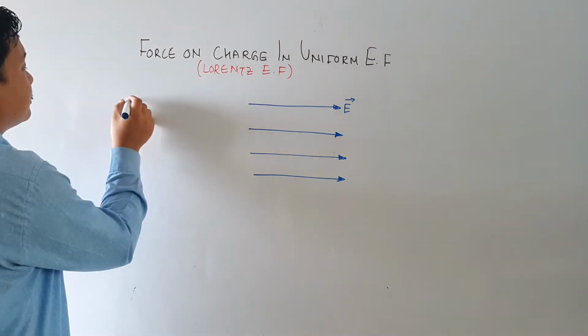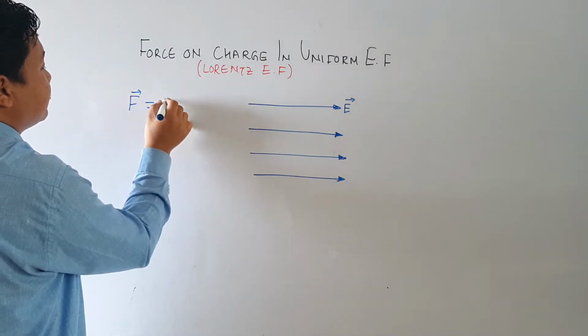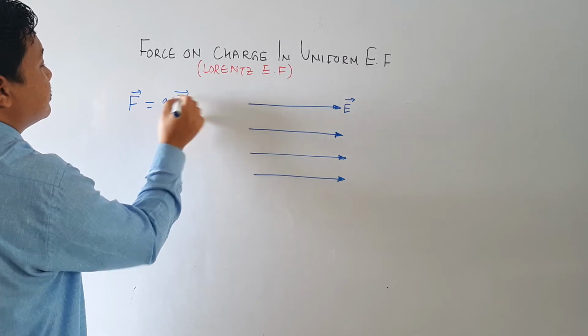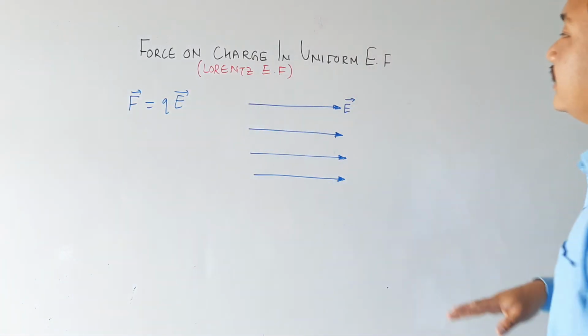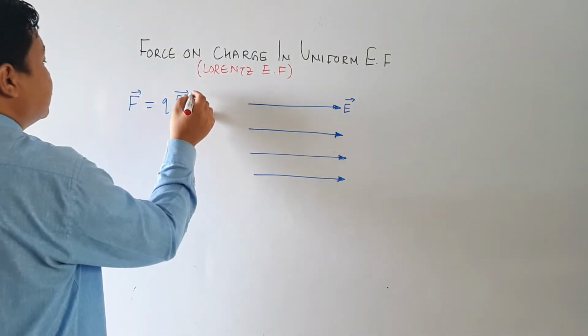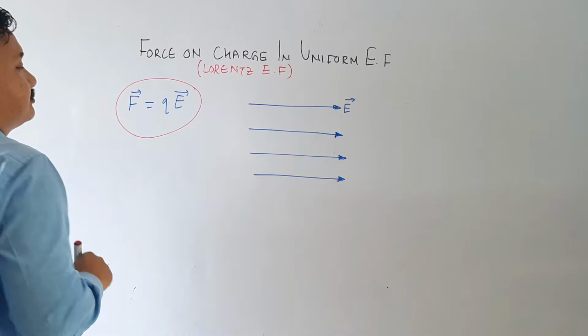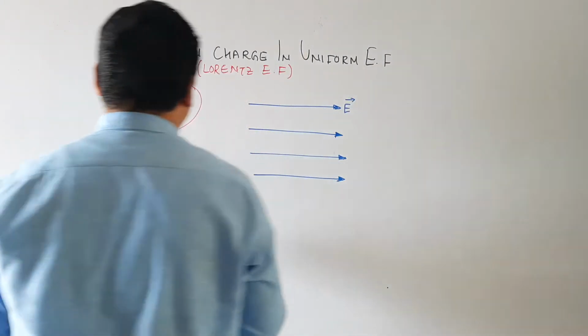Then the force is equal to EQ. Please remember, the force experienced by a charged particle in a uniform electric field is F equal to EQ. Okay. Now see, it means that there are two charges.